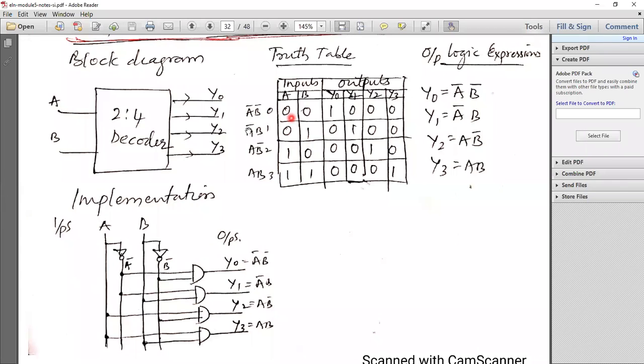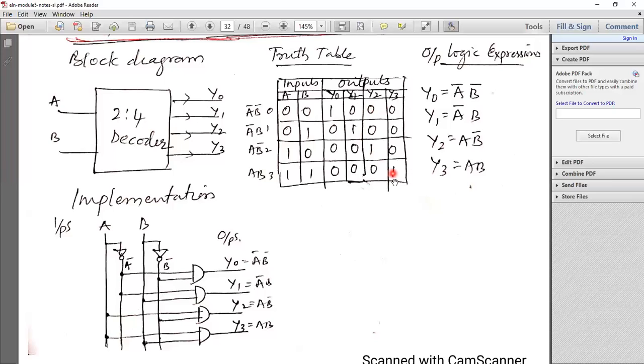According to this, we are writing the literals. Accordingly, you can see here that for the first combination of input, that is 0 0, Y0 is active. Similarly, for the second, Y1 is active. For the third, Y2 is active.